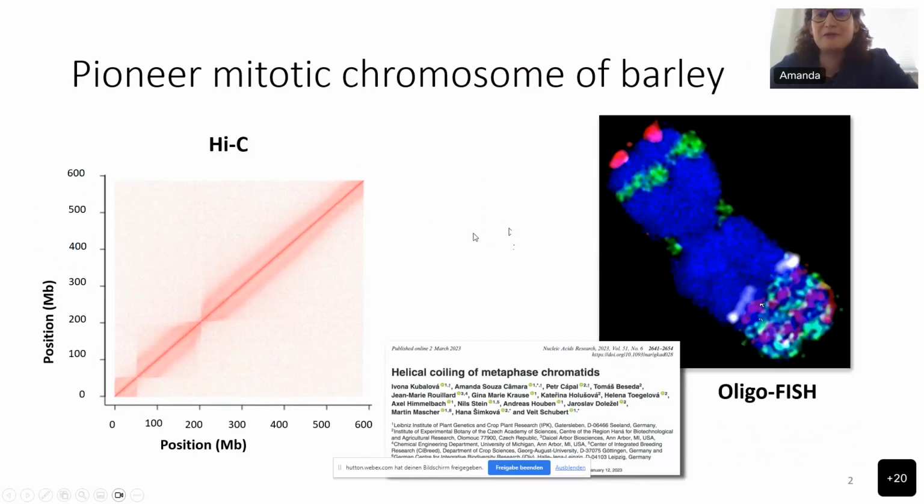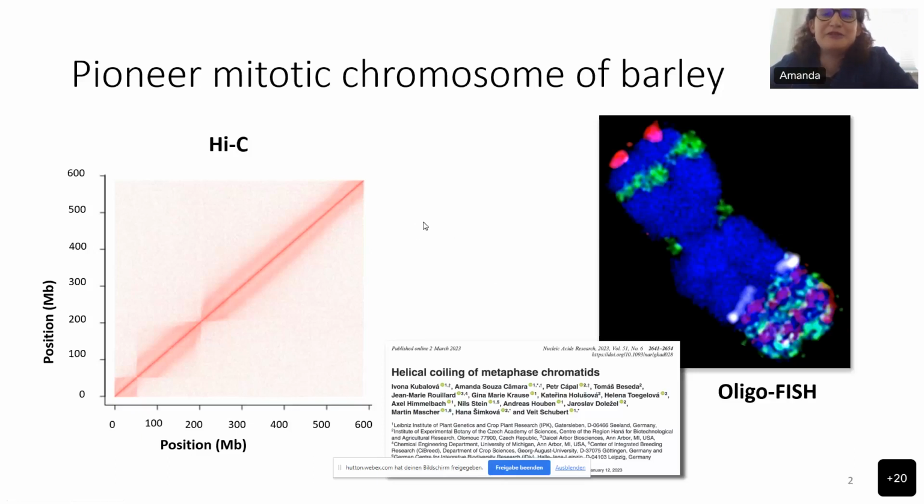But we are working with barley, and we have a great opportunity to work with a general hypothesis. We had these cutting edge techniques and some starting Hi-C results, and we had this opportunity to work on a general coiling mechanism, coiling organization of chromosomes in mitosis using barley as a model.